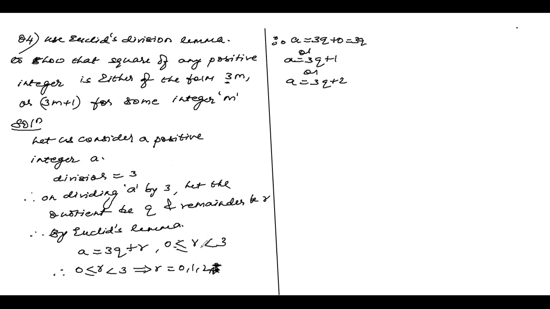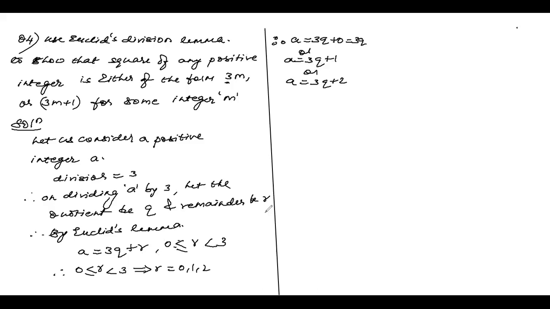R should be greater than or equal to 0 and less than 3, this is the key for the sum. So r is 0, 1, 2. That means a equals 3q, or a equals 3q plus 1, or a equals 3q plus 2.